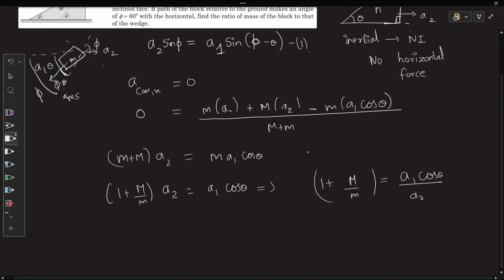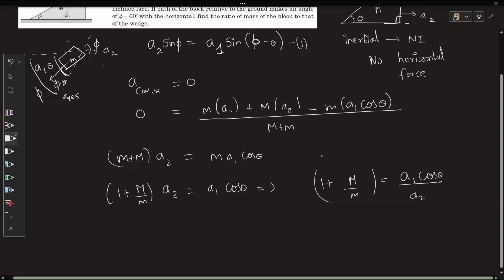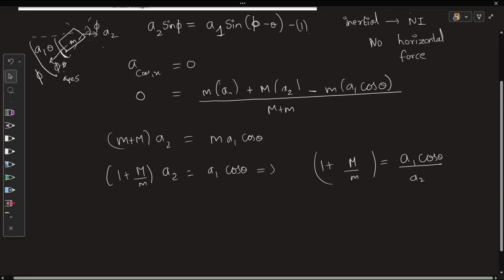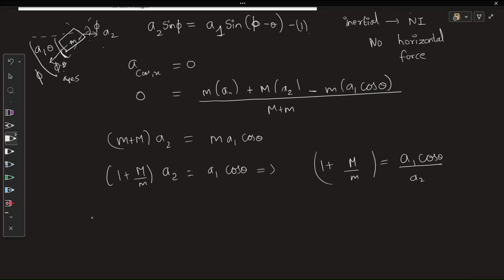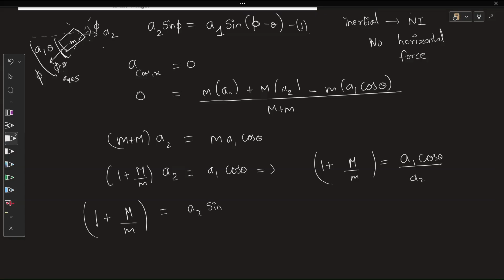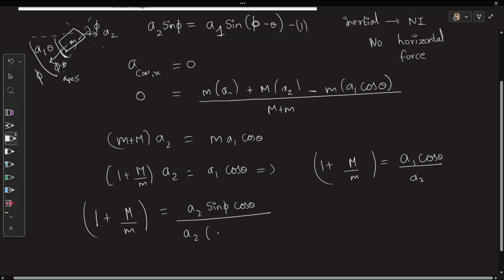Now I will substitute equation 1 there. What would I get? 1 plus capital M by small m is equal to A1, which is A2 sin phi cos theta, whole divided by A2 into sine of phi minus theta.